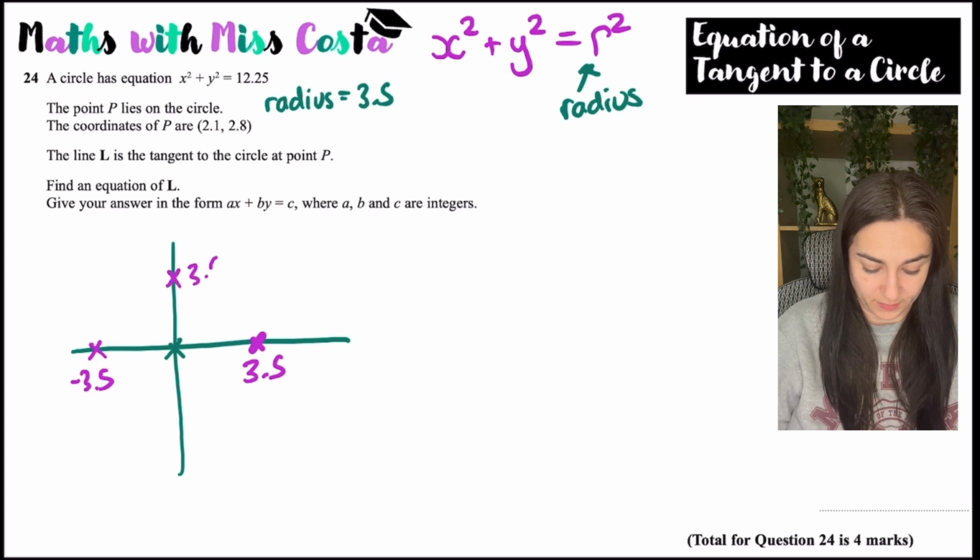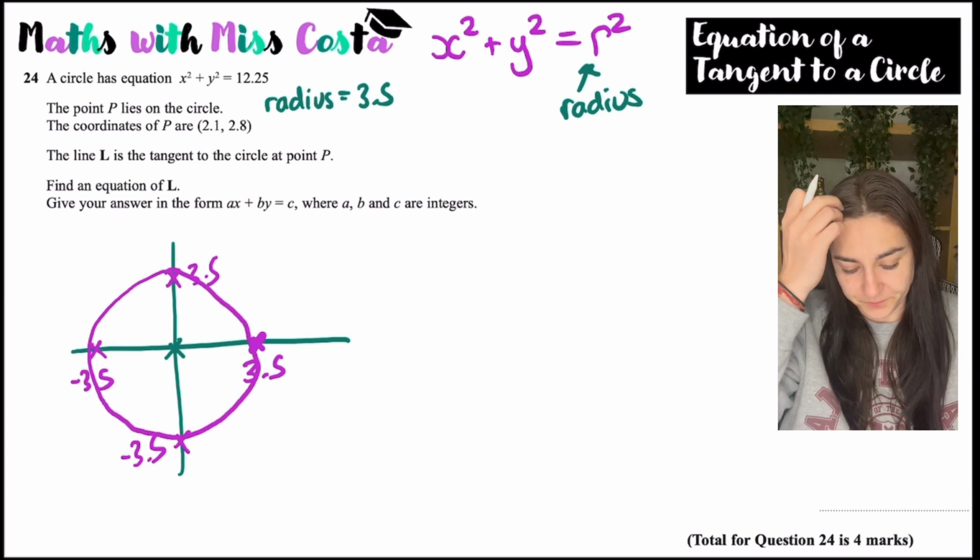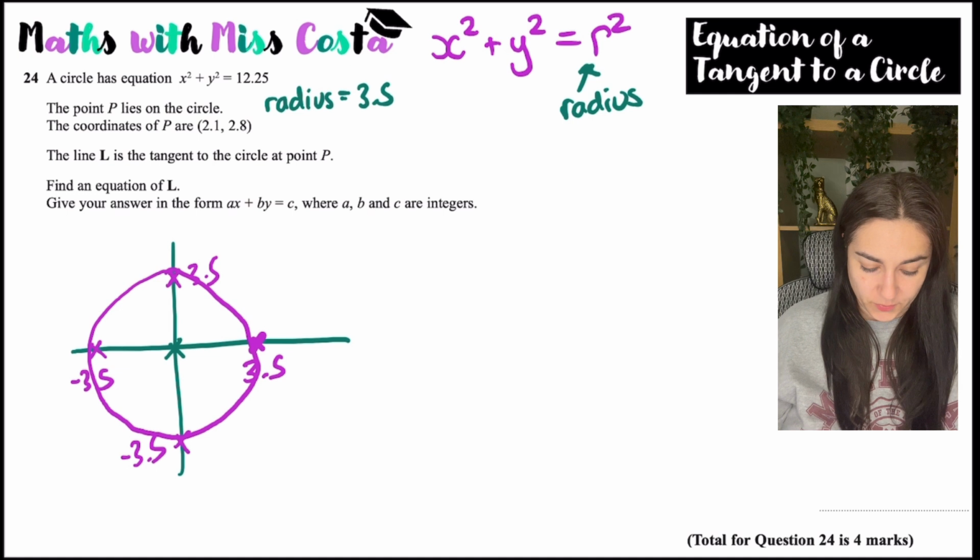Over here, that would be 3.5. And this would be negative 3.5. So you can just sketch the circle like that, just have a rough idea of what's going on. Now, I'm told that the coordinates of P are 2.1, 2.8. So 2.1, 2.8 would be roughly here.